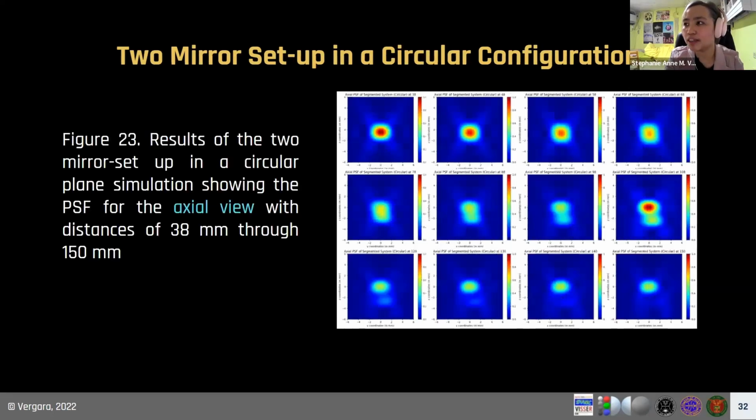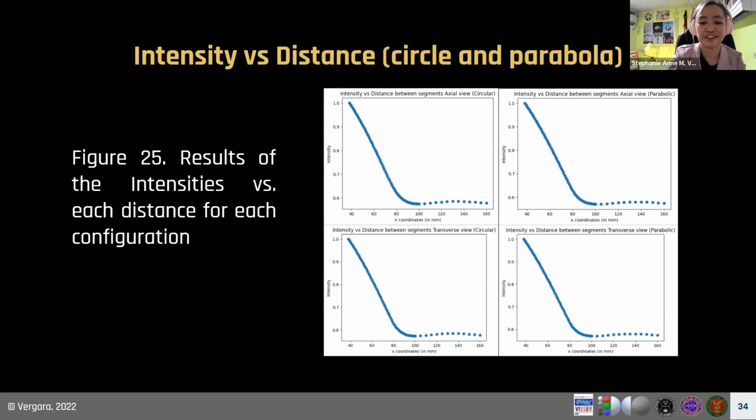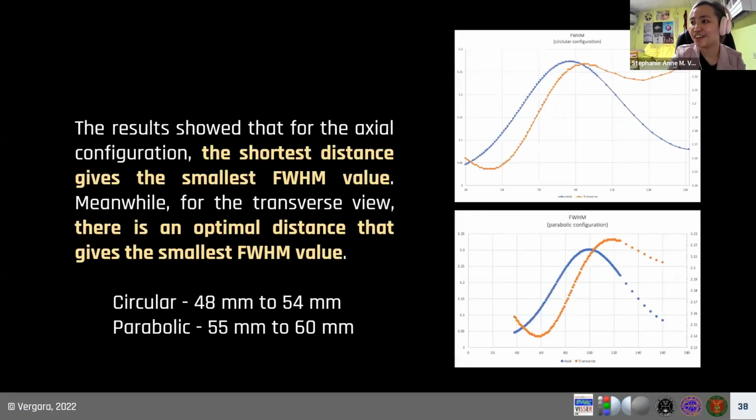Well, based on the final results here, the circular and parabolic configurations are sort of comparable, but when measuring the full width at half max, the values for the FWHM of the parabolic configurations are lower than for the circular configurations.